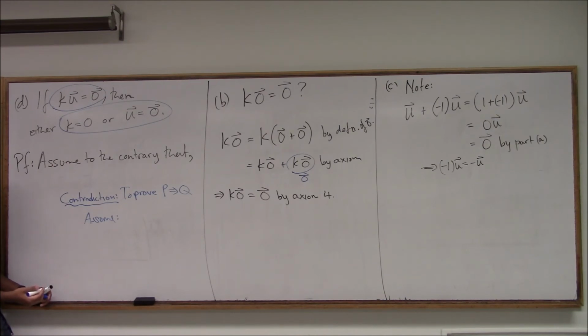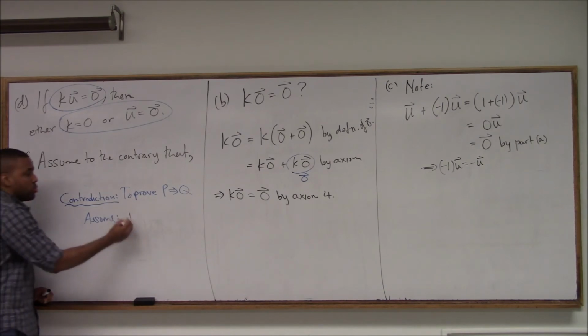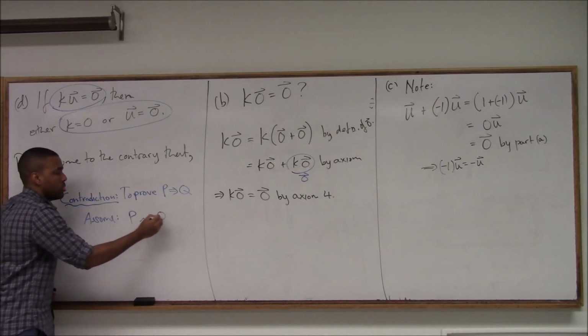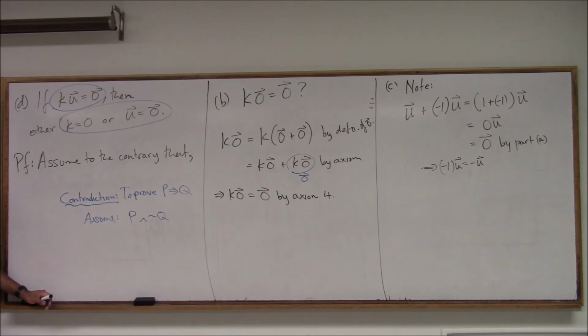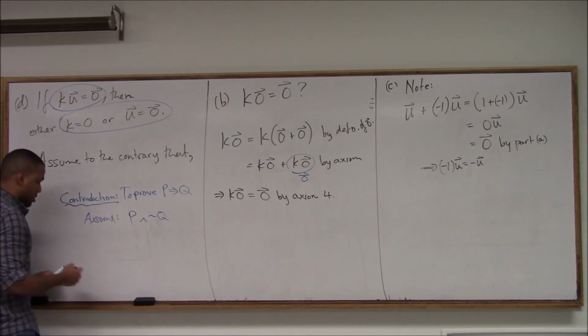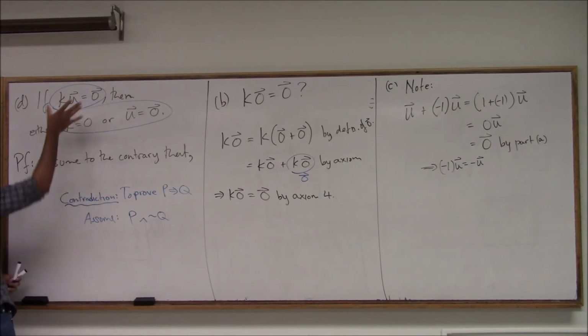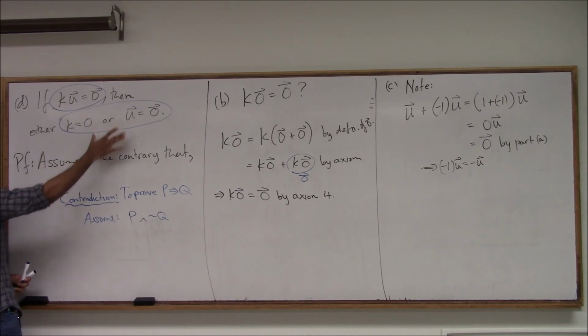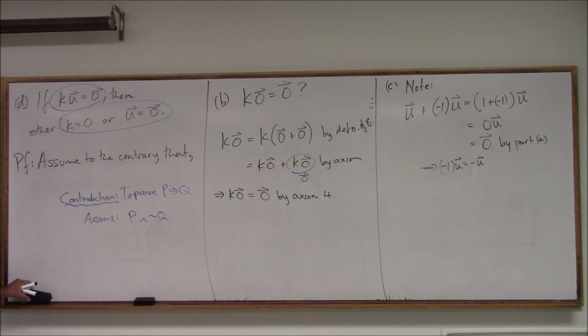No. Don't you just assume that the negation of Q is true? You guys have to review contradiction. You assume P and not Q. That's what you assume for contradiction. So you're going to assume the first statement is true, but the second statement is false. That's how contradiction starts.